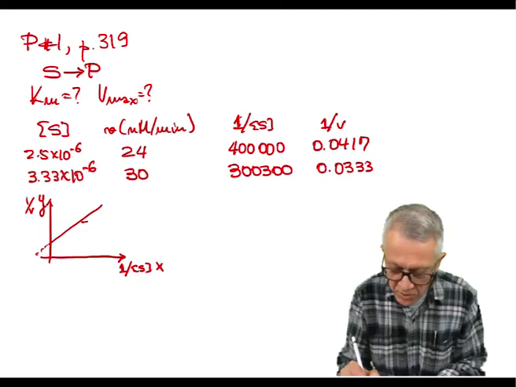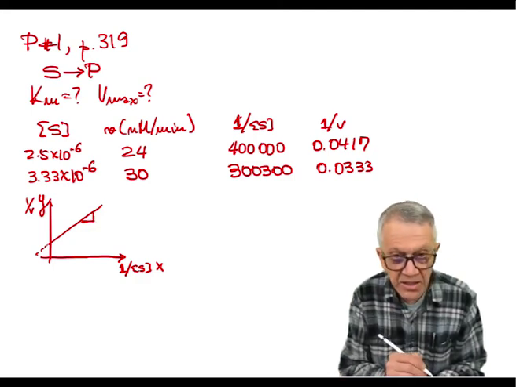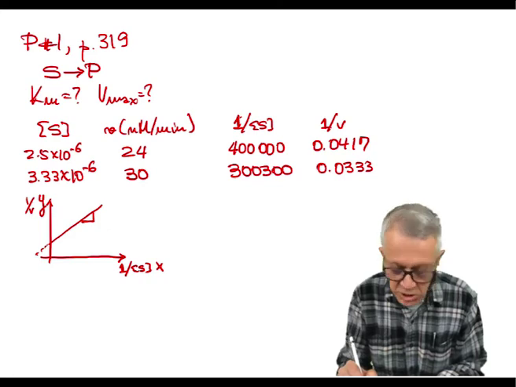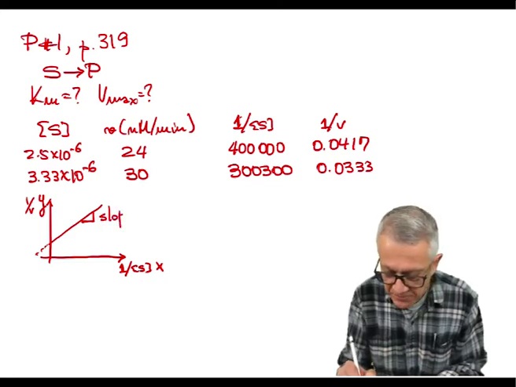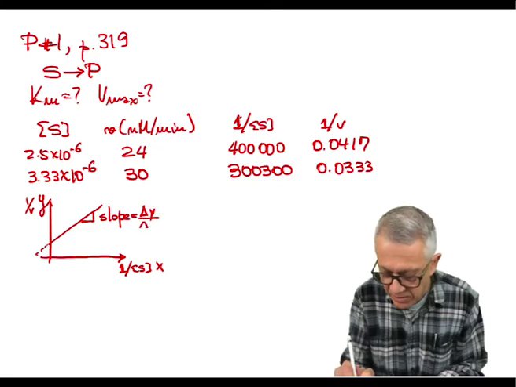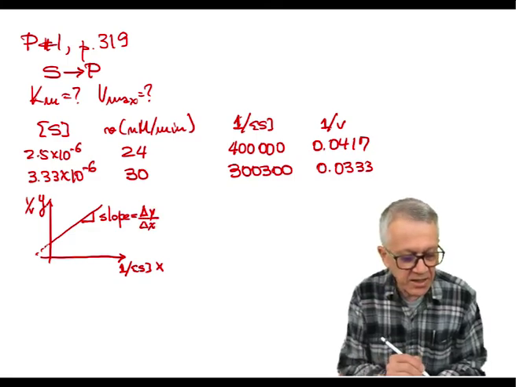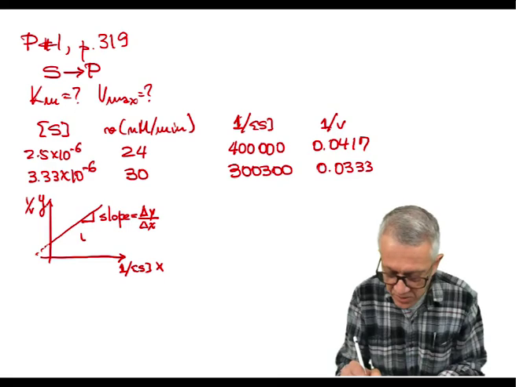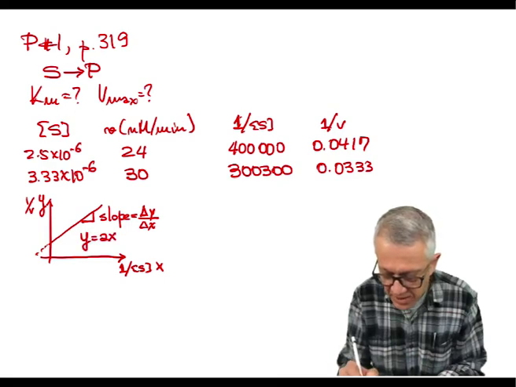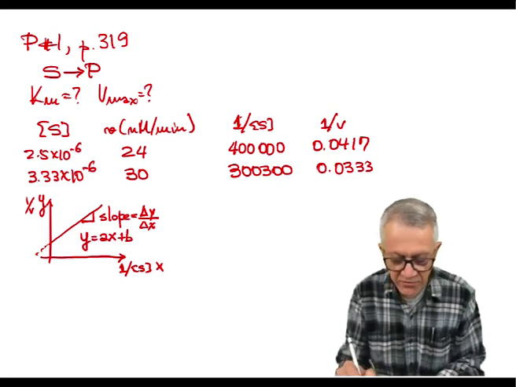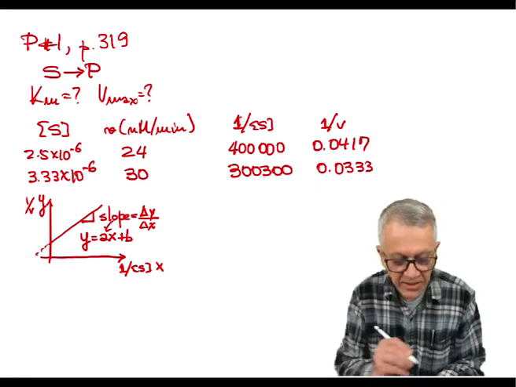So if you want to get this straight line here, first we have to know what's the slope. The slope of this is going to be equal to delta y over delta x, right? Then we can plug in, we have the equation ax plus b. So we can first calculate the slope and plug in here.